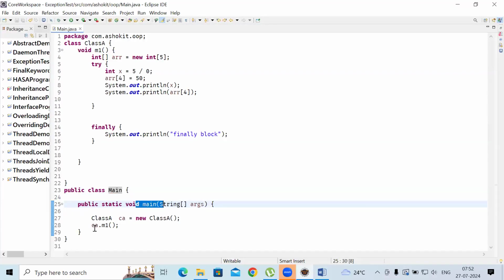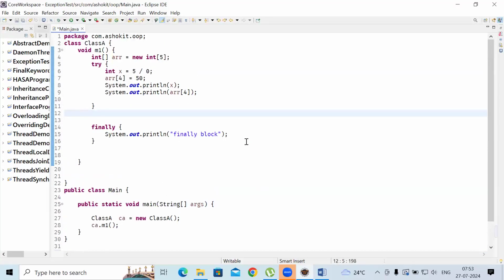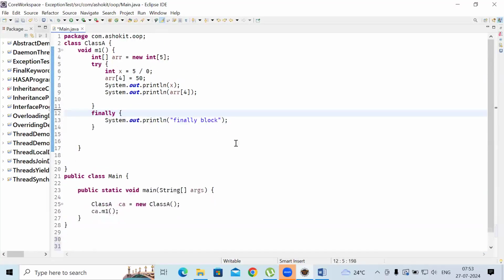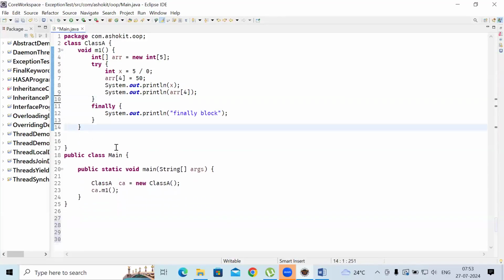If the caller method is not handling the exception, then it will propagate to the JVM. Am I clear? Understand the concepts here. Basically there is try, there is finally, but I don't have any catch. Look at this.